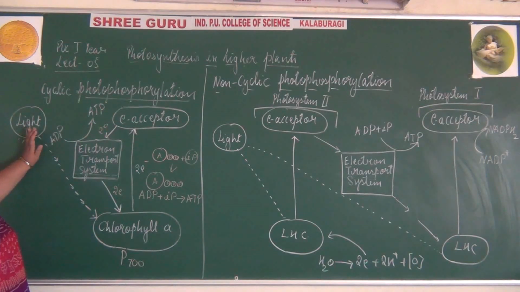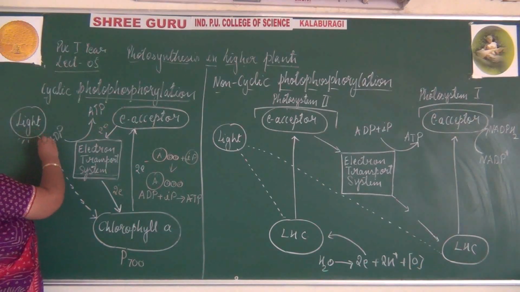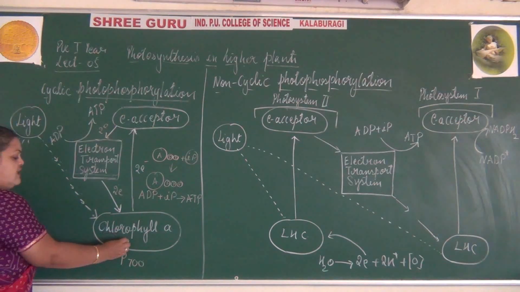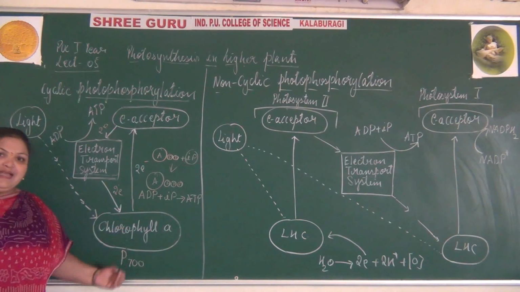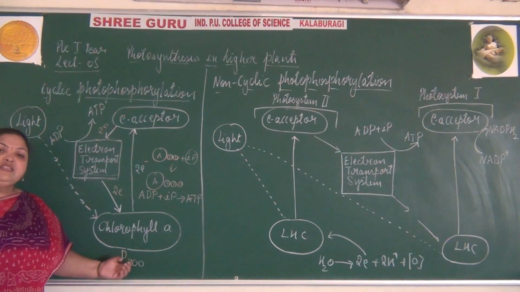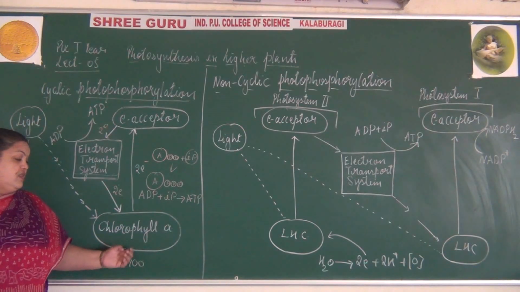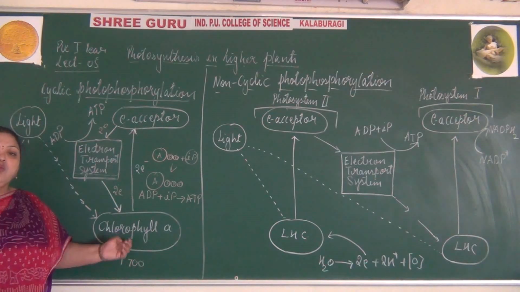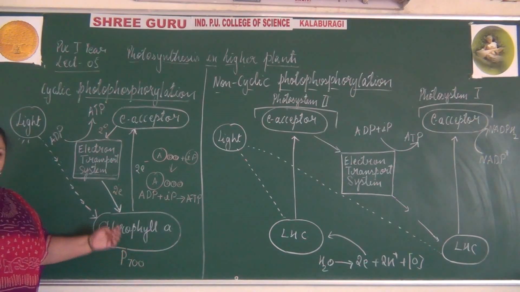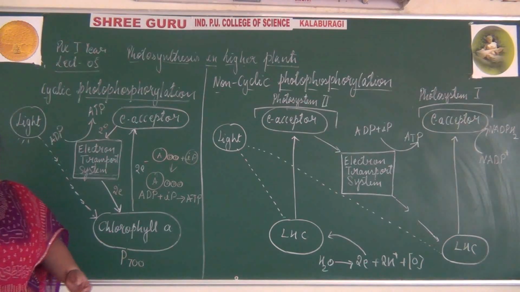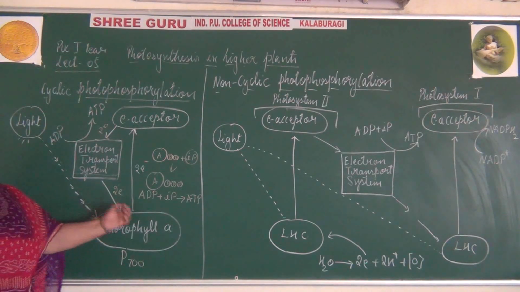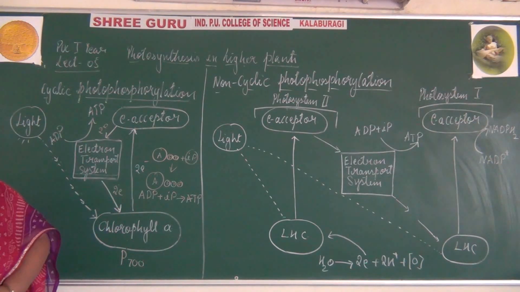When the light falls on the chlorophyll pigments, as they receive the light, in this process only photosystem 1 is involved. They get photoexcited. As they get photoexcited, they release the electrons.